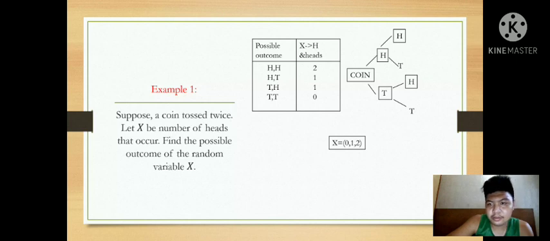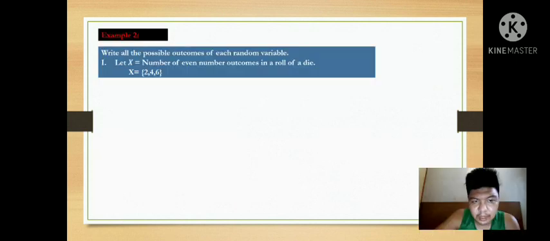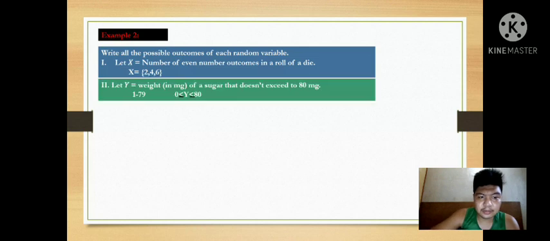Write all possible outcomes of each random variable. Number 1. Let X be the number of even number outcomes when a die is rolled. X is equal to 2, 4, 6. Number 2.